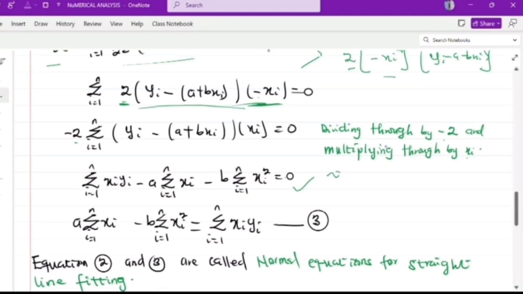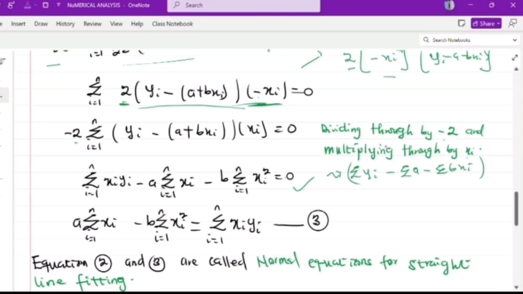So let me show how we had it. When you divide 2 by negative 2, and you multiply by the summation, you're going to get this one minus, as we had in the first part, this one, then minus summation of b xi.